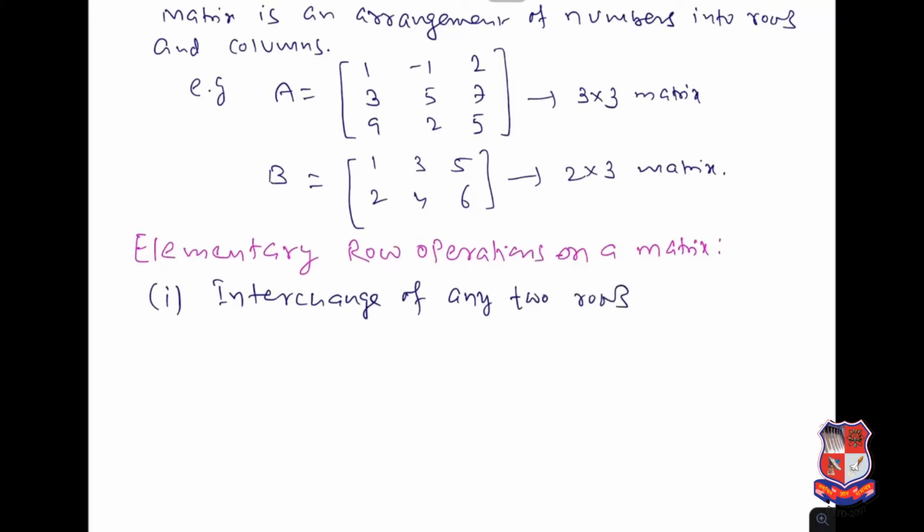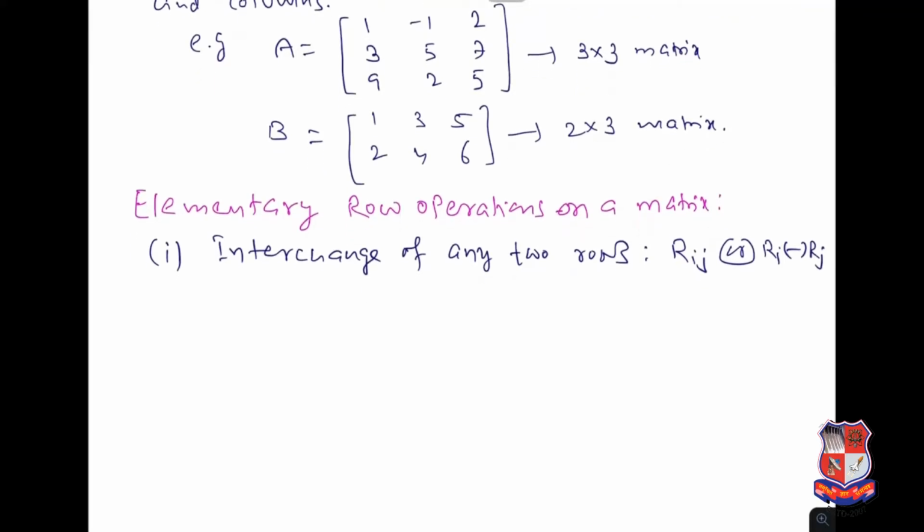So if we interchange any 2 rows or say columns, then that's called the interchanging of 2 rows. And here the operation has a notation like this. If I interchange ith and jth row, write Rij, or even we can write in this way Ri to Rj. That means interchange of ith and jth row.